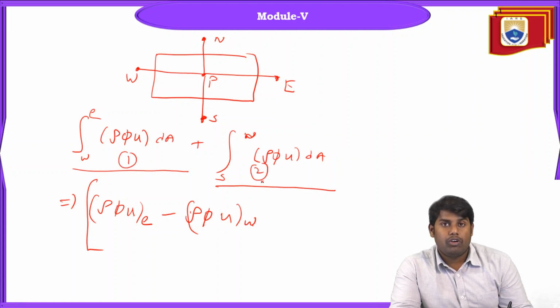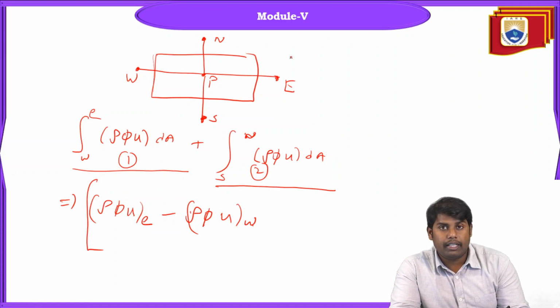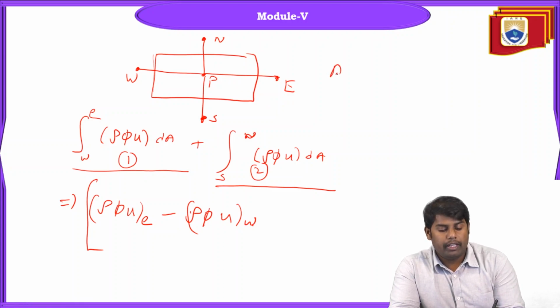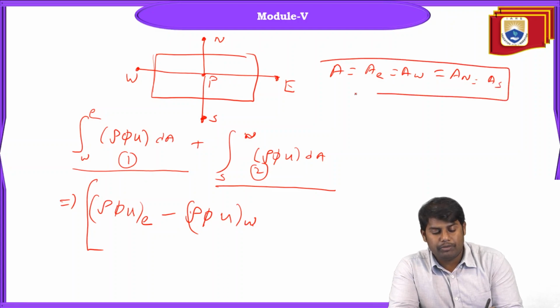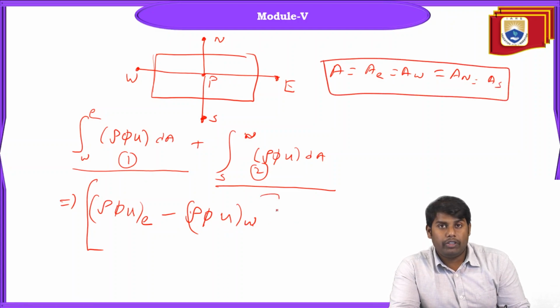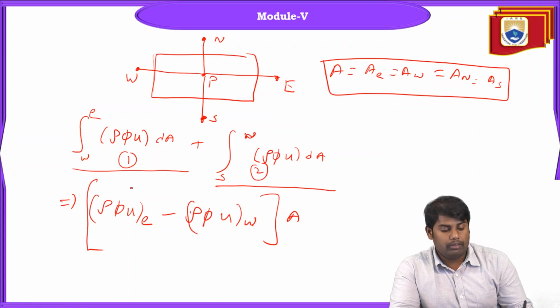This is 2D, so let's say the area along west and east is the same. Let's say A of the east face is equal to A of the west face, equal to A of the north face or A of the south face. If we have this assumption, then you take A common. Fine. So this is what happens for the first term plus the second term.